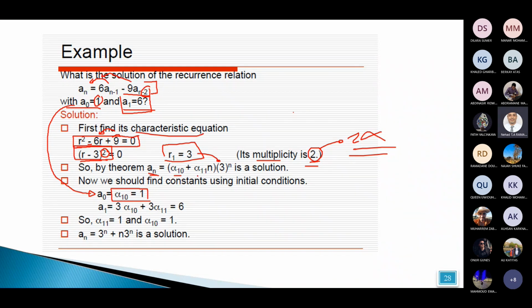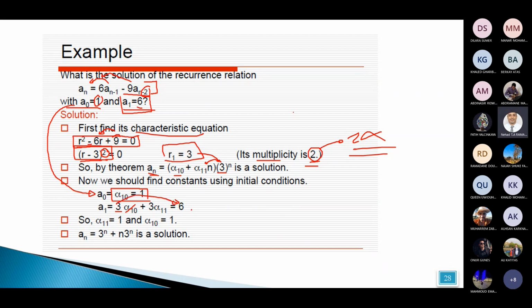So it's all 3 power 1. So it's 3 multiplied by alpha 1 0 plus 3 multiplied by alpha 1 1, all equal 6. We know that alpha 1 0 is 1, so it's 3 times 1, so 3 plus 3 alpha 1 1.